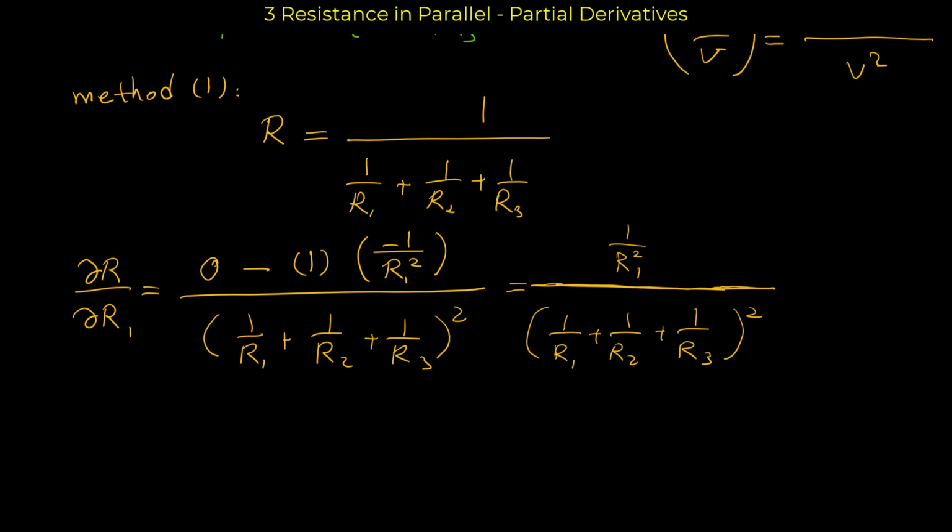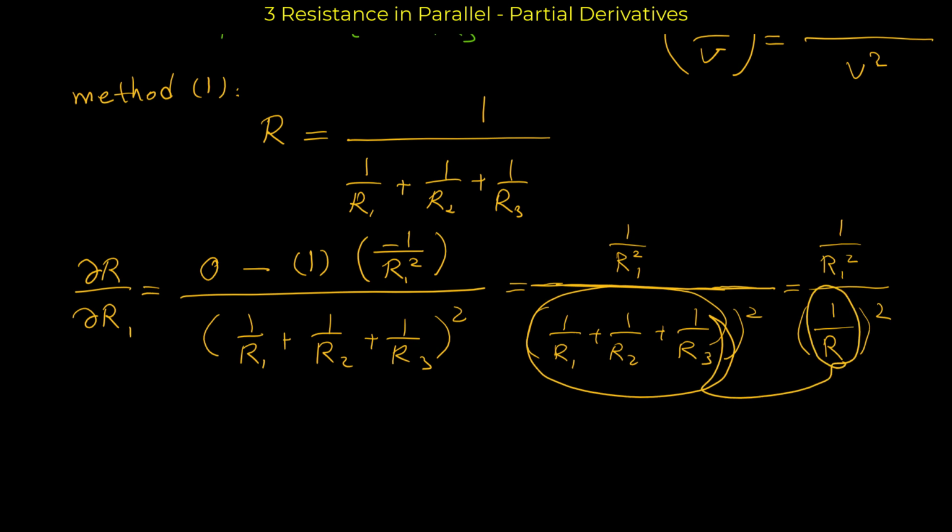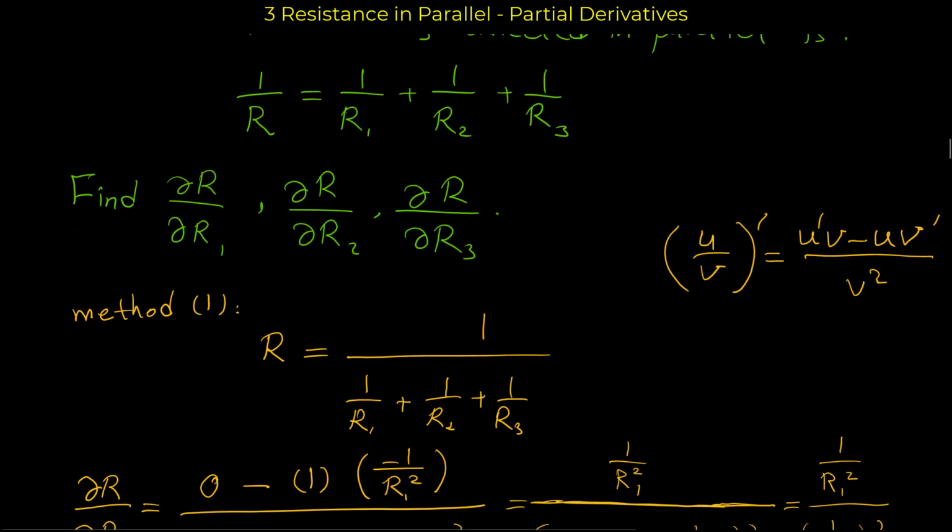So we can write this as 1 over r1 to the 2 over 1 over r, all to the 2. Again, this equals to this from the given equation.